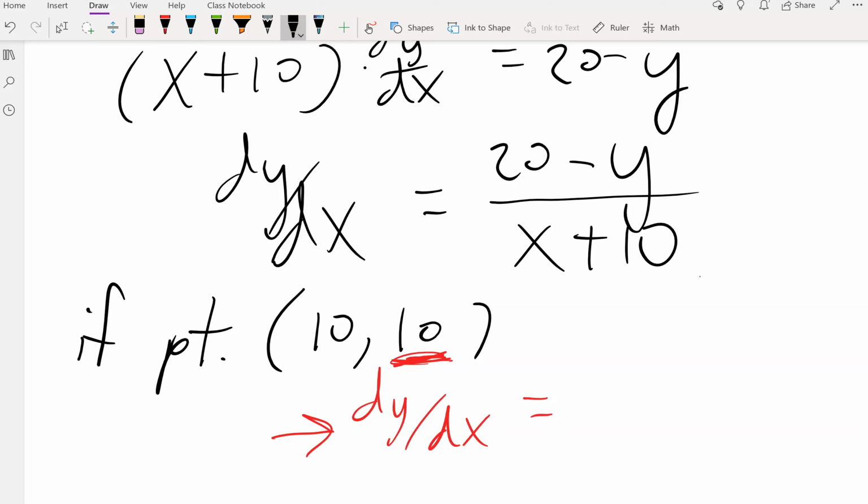Your dy/dx, when you plug in (10, 10), would be 10 over 20, or 1 out of 2.